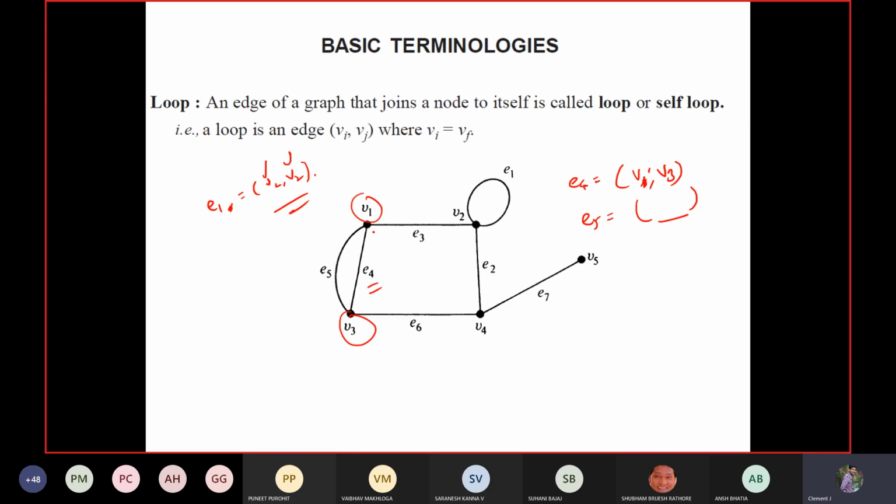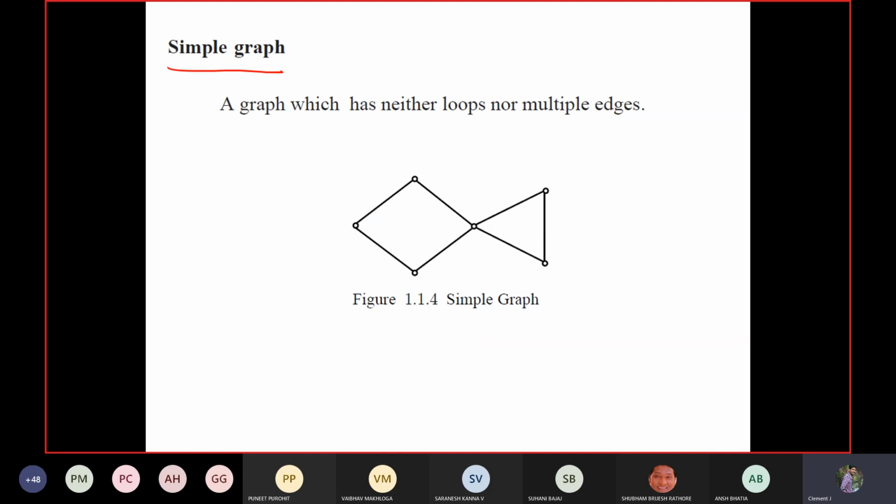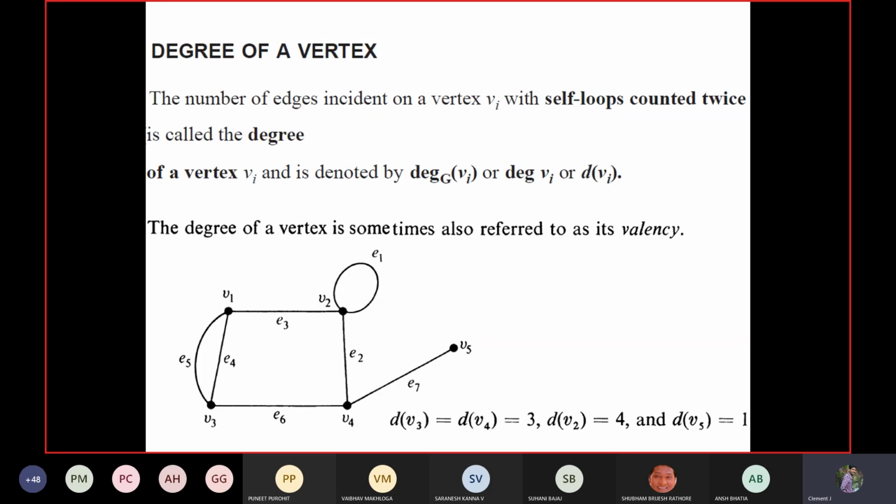Can you point out where there are multiple edges? Between V1 and V3, very good. Between V1 and V3 there are multiple edges, that is E4 and E5. So I should not call this a simple graph because of the multiple edges. Even so, it should also not have a self loop at the same time. So this is the definition of a simple graph.